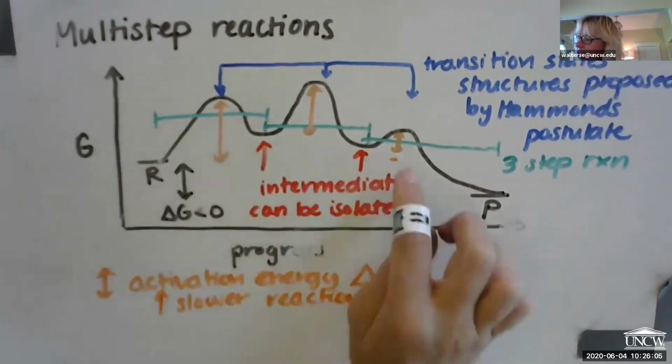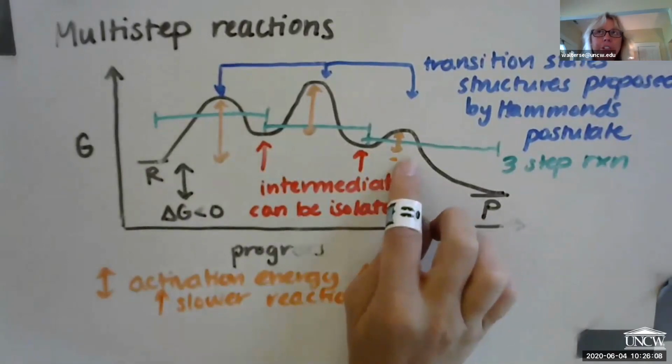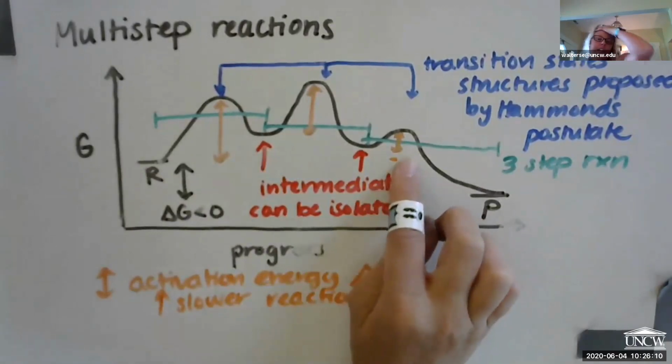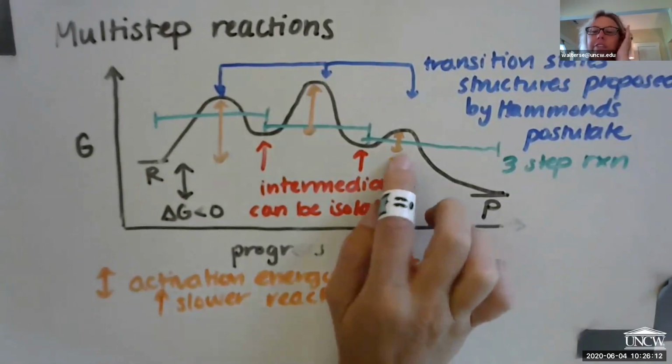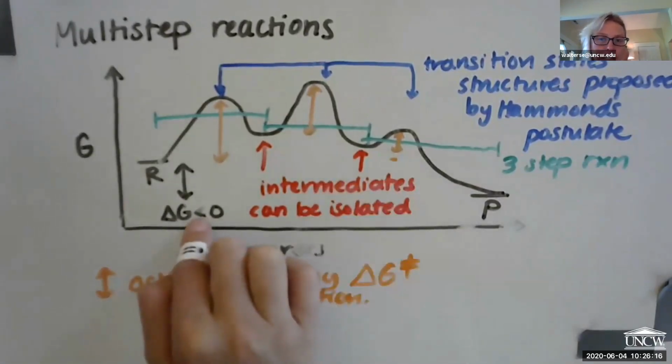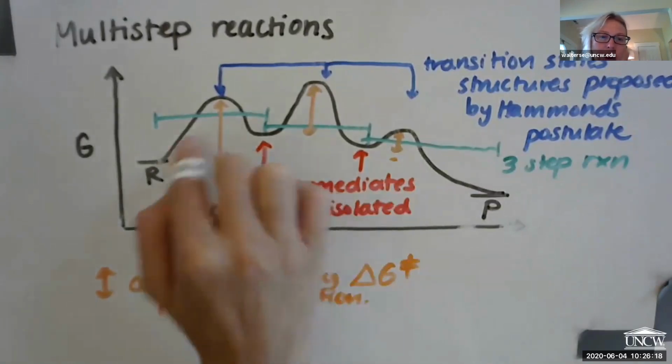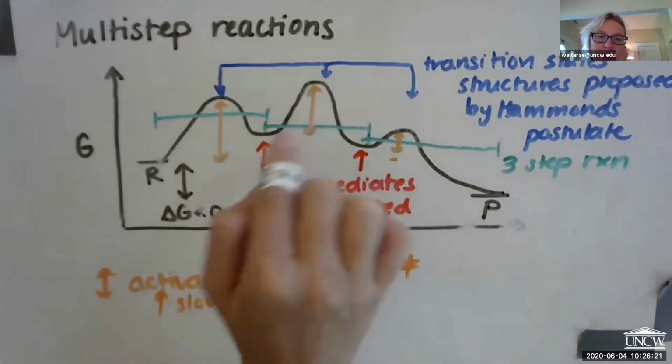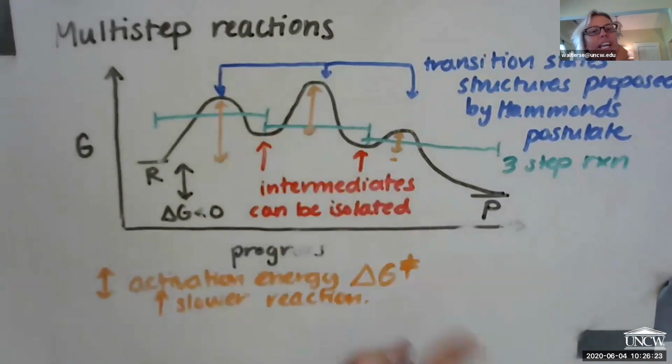The activation energy is the only measure of rate of reaction on an energy level diagram. You don't get any information about the rate by knowing that this reaction is spontaneous. It's only if you know the mechanism and the individual energy requirements can you say anything about the kinetics.